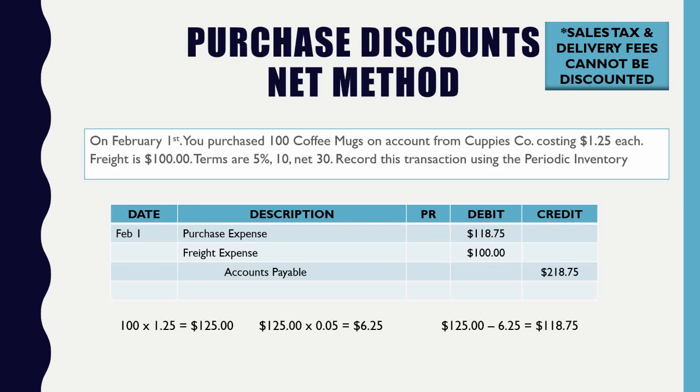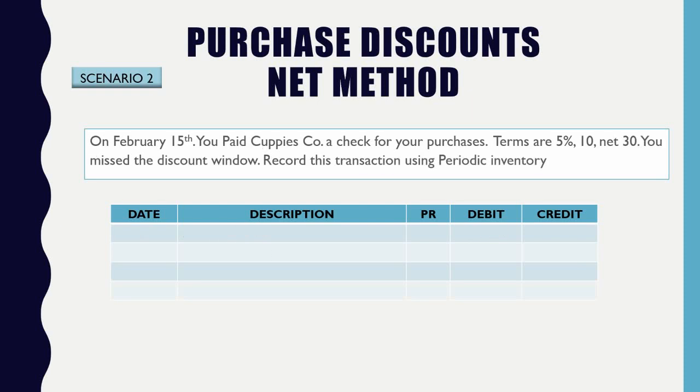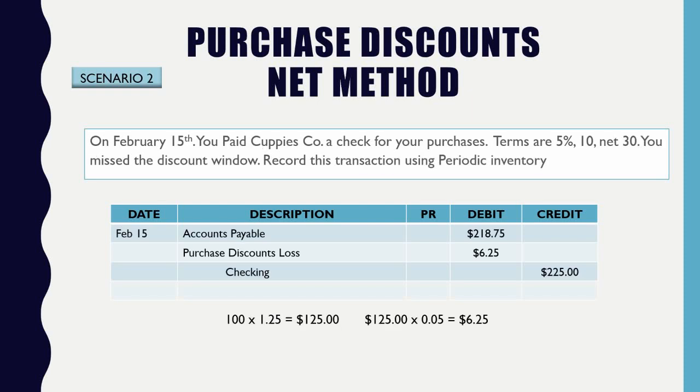So I need to add $6.25 back to my purchase expense account. And I need to add that back into the total amount that I actually owe. So in this case, I need to create that contra account to place it back into purchase expense because I recognized it lower than what it should be.